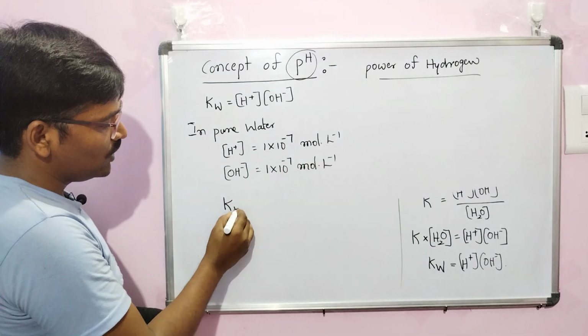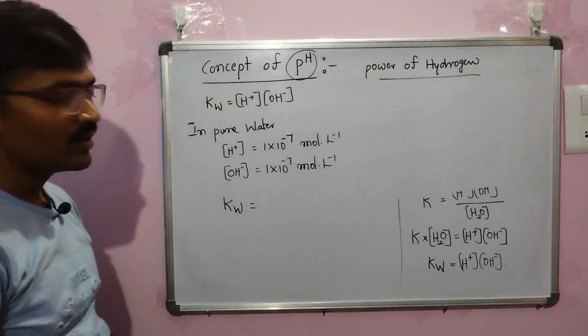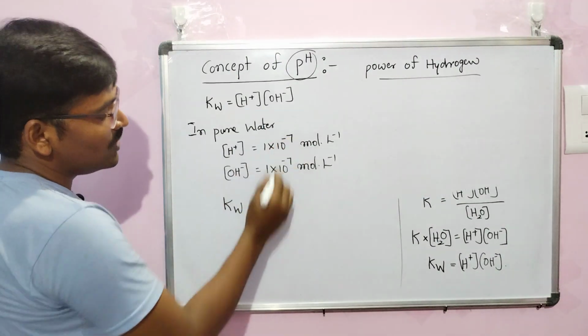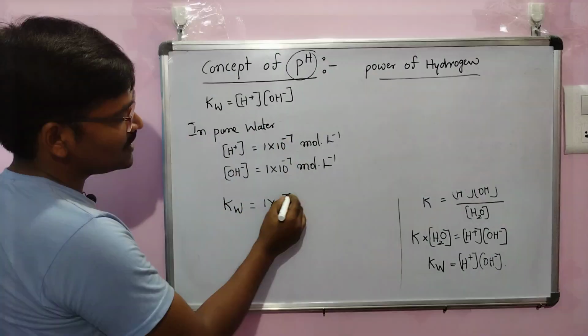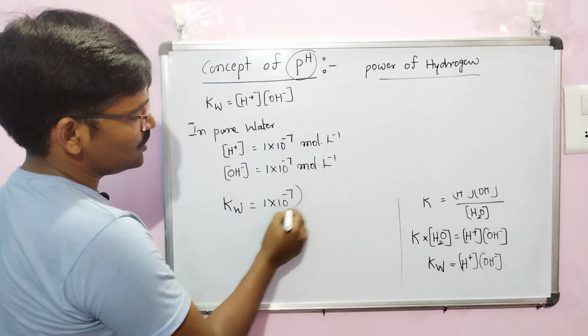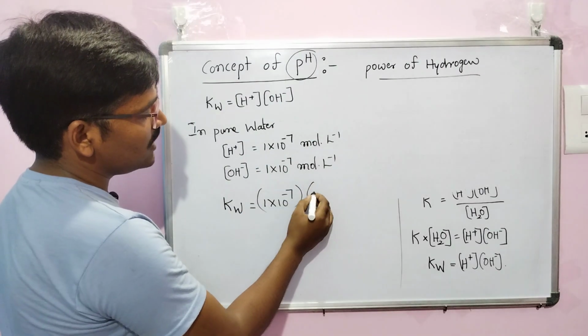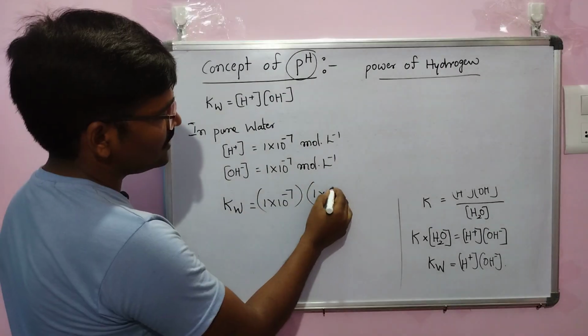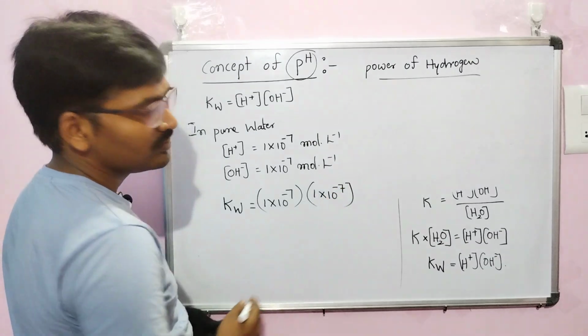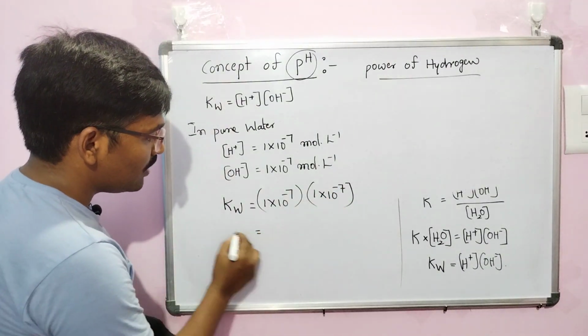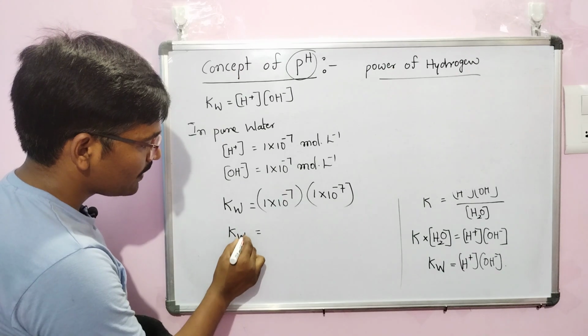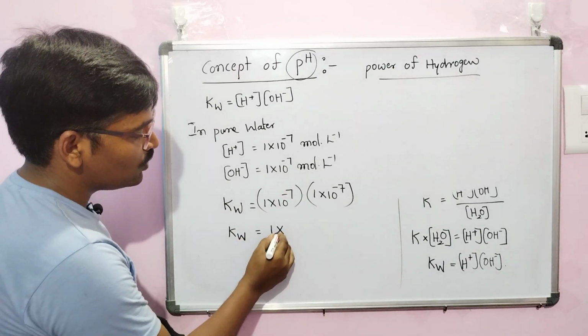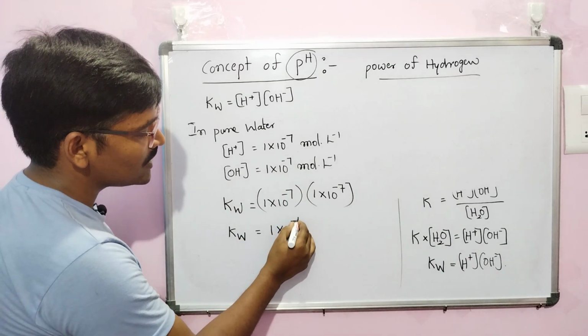So Kw equals 1 into 10 to the power of minus 7 into 1 into 10 to the power of minus 7, so Kw equals 1 into 10 to the power of minus 14.